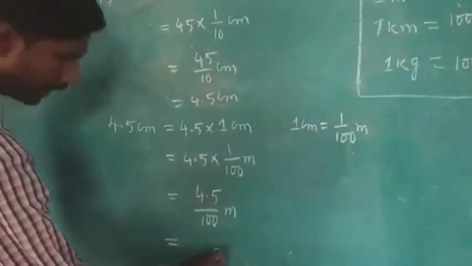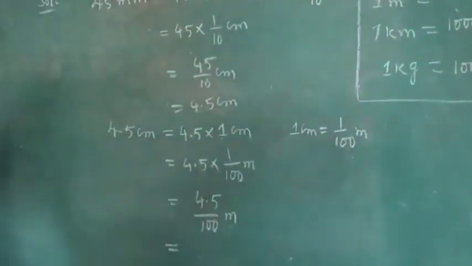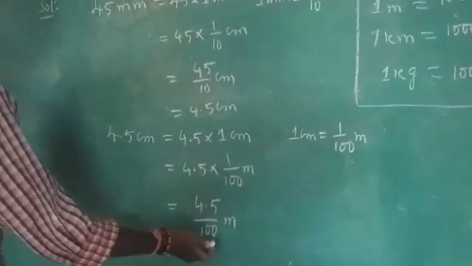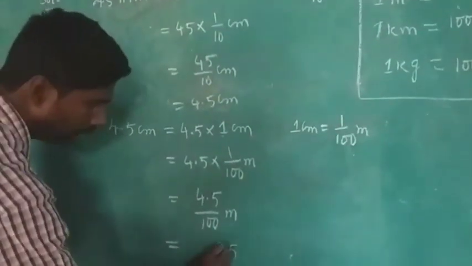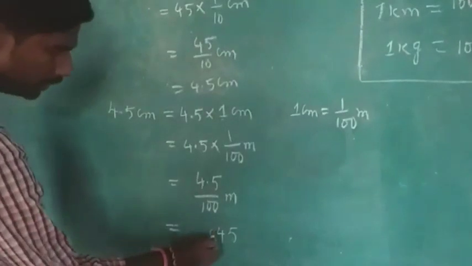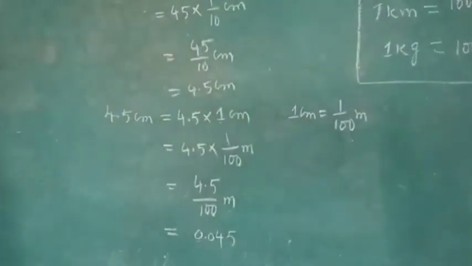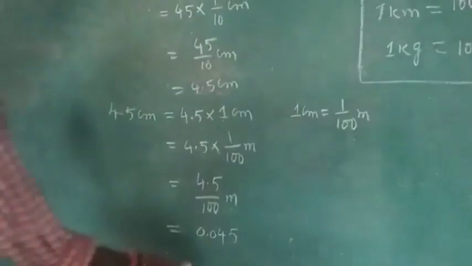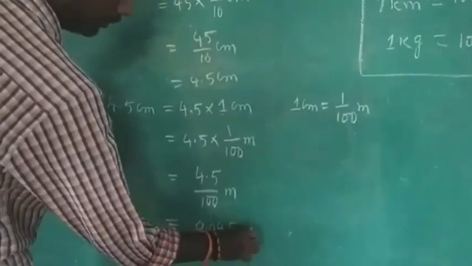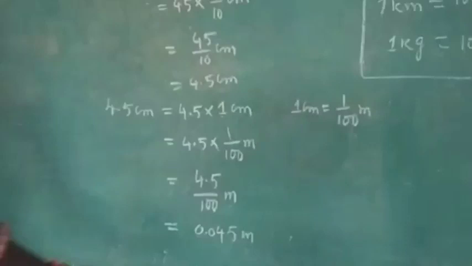Let me write 4.5 by 100. You can write it as 0.045 meters.